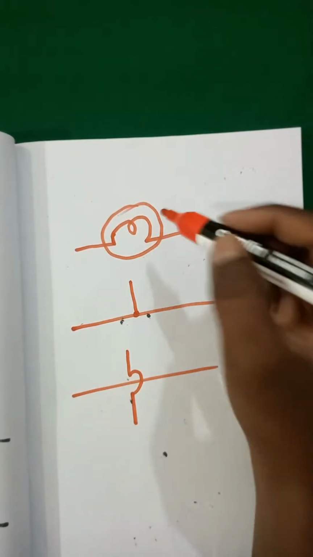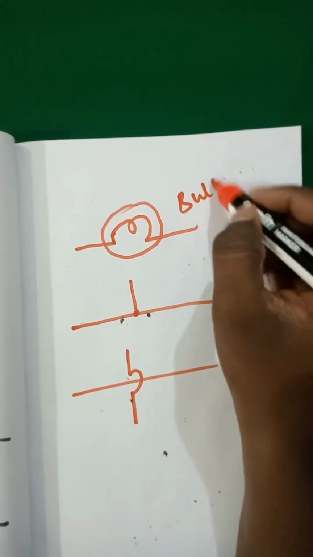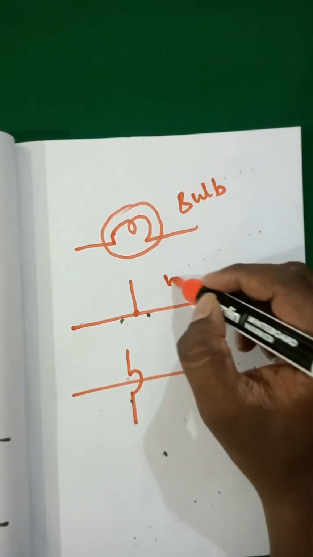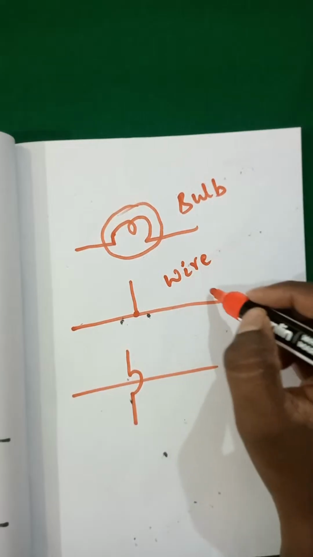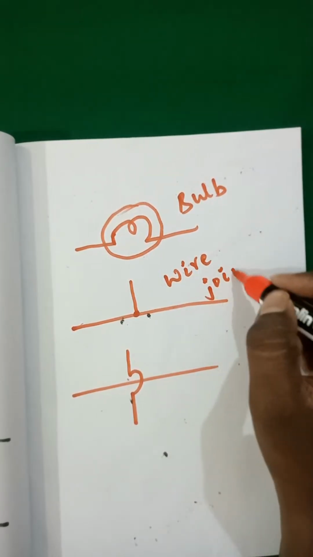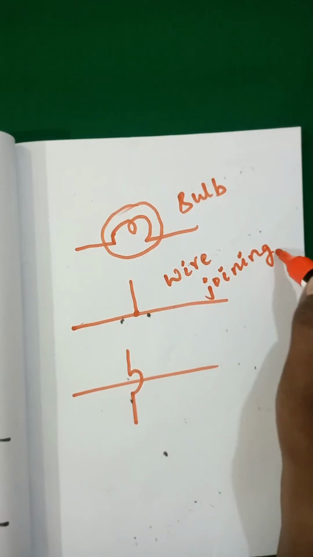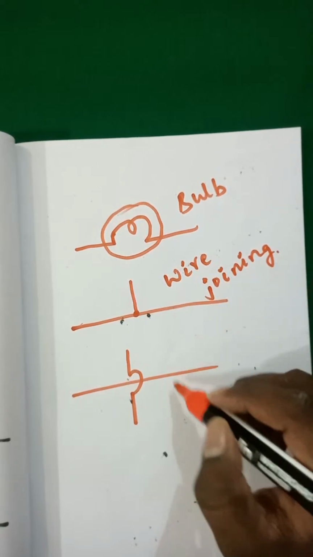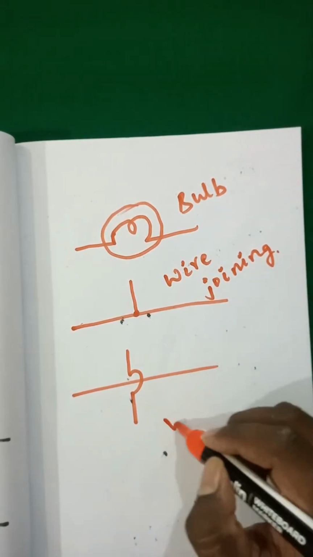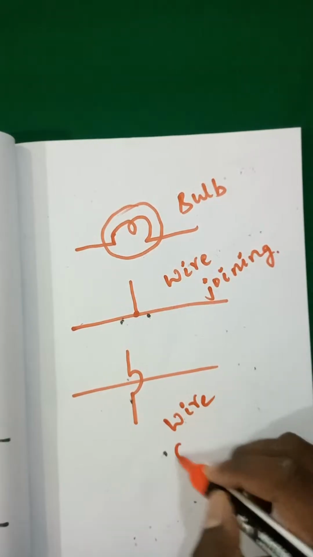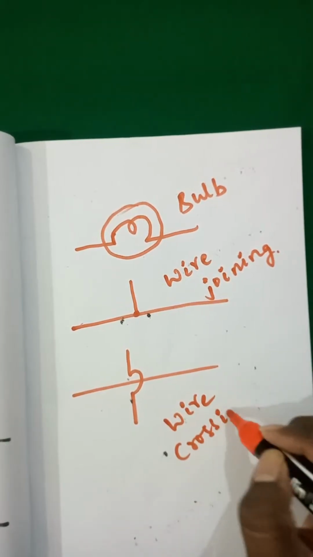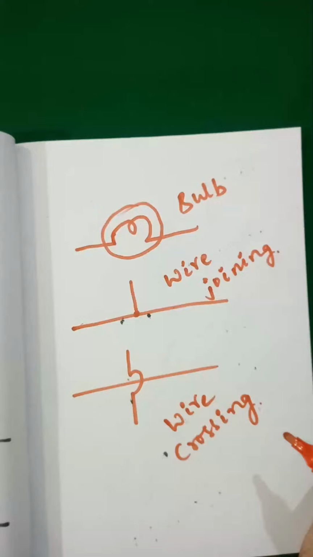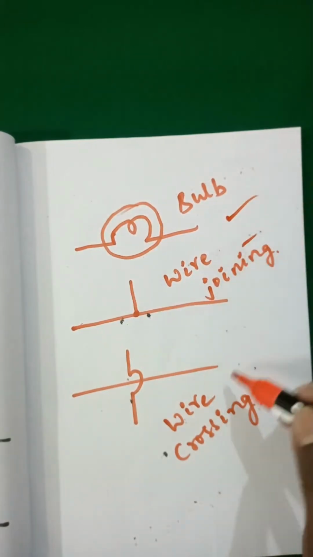This is wire joining. This is a wire crossing. Clear? So this is about the bulb, wire joining, and wire crossing.